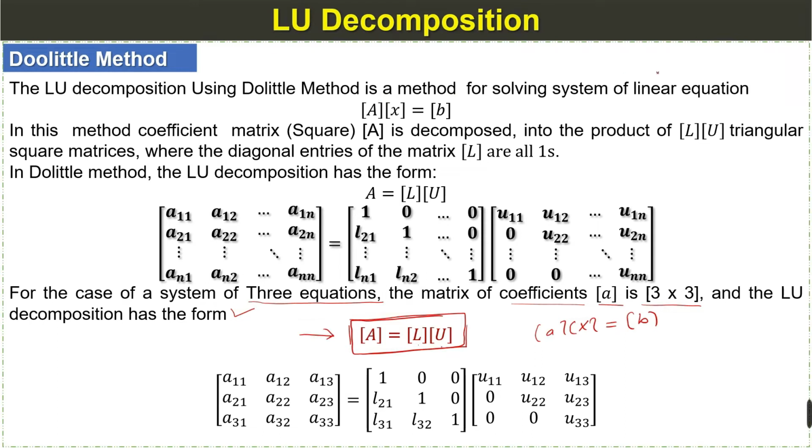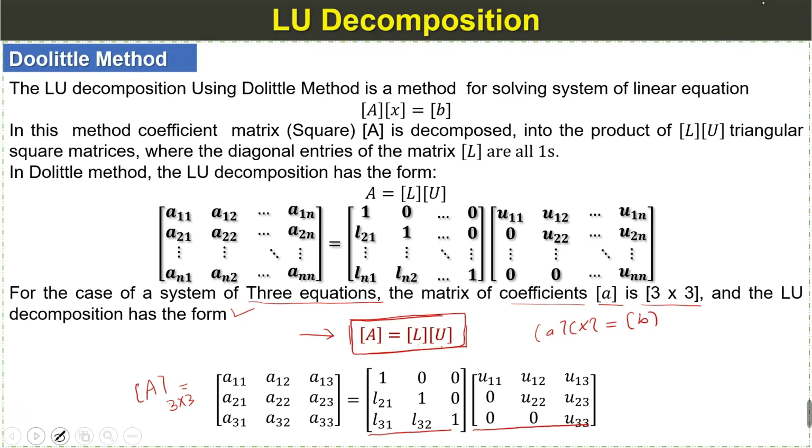So we have the LU decomposition form of the coefficient matrix A of order 3 cross 3, and this is the lower triangular matrix, and this is the upper triangular matrix.